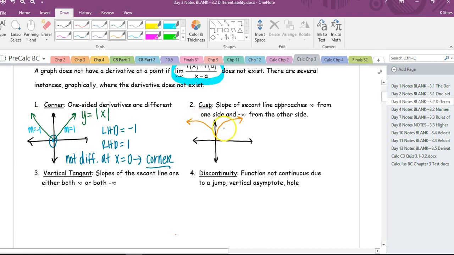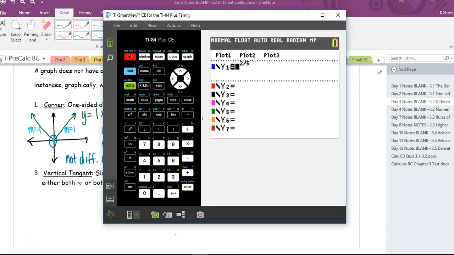Here you can see that it gets steeper as you go, and so as you're approaching, in this case, 0, on the one side, you're getting steeper and steeper in the negative direction. So derivative approaching negative infinity. And on the other side, you're getting steeper and steeper in the positive direction, so approaching positive infinity. An example of an equation like this would be y equals x to the 2/5.